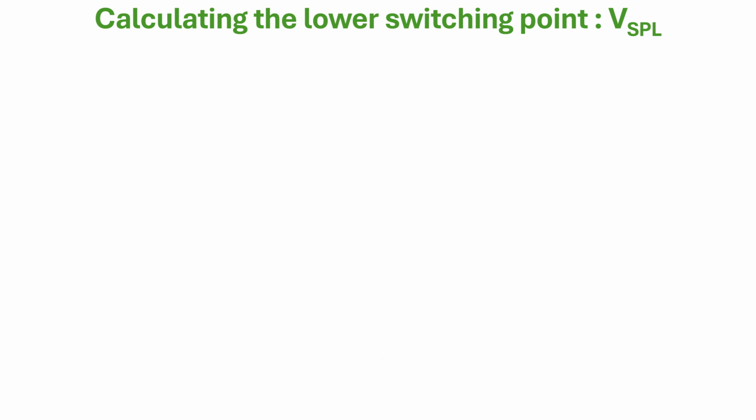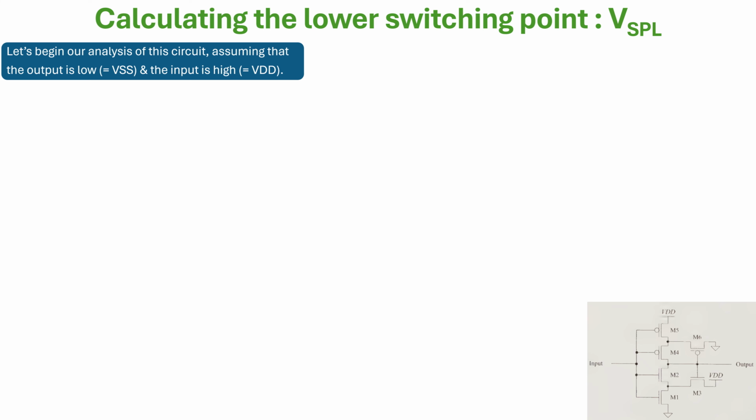Let's understand the other part, the upper part, and size it for the other switching point, the lower switching point. This is the original Schmitt trigger circuit. Let's begin our analysis of this circuit assuming output is at 0 and input is at high, VDD.